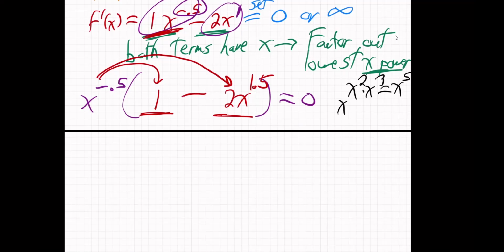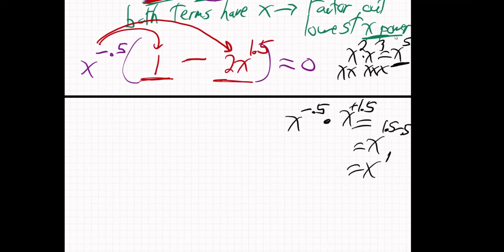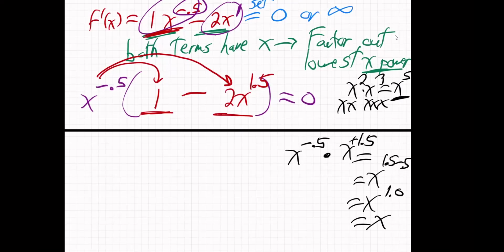You add powers because that means two x's and that means three x's, and so we have five x's. So what would x to the negative 0.5 times x to the positive 1.5 be? Well, you'd have to take 1.5 minus the 0.5. That's going to equal x to the 1.0, or just x, right?